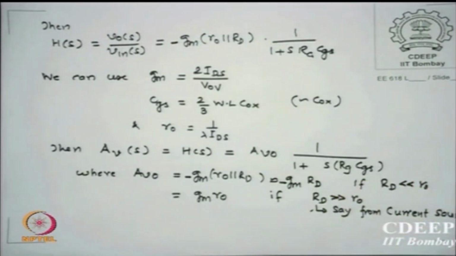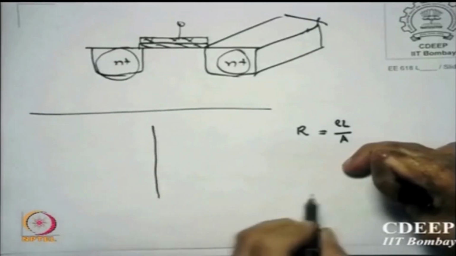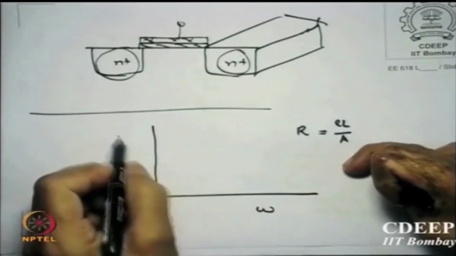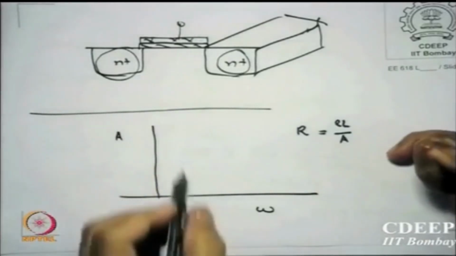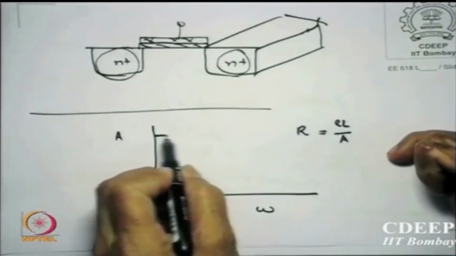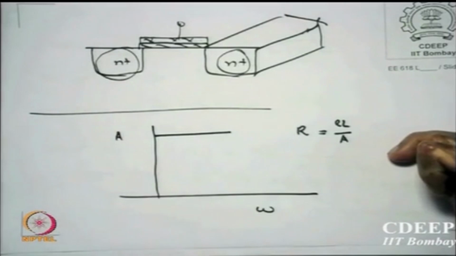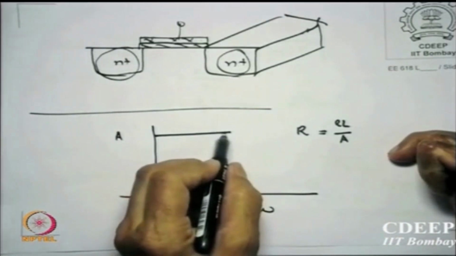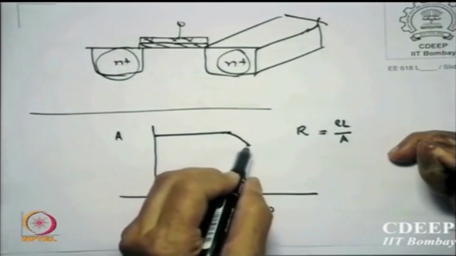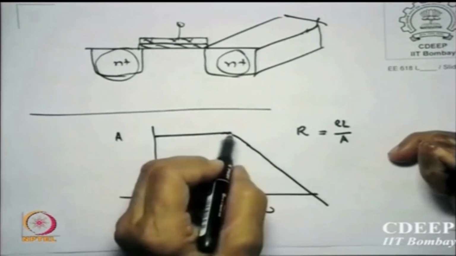Now please remember, if we have done our second year course well, which I hope all of you have done, if I plot frequency versus gain, till a certain frequency gain is constant, and then of course it goes down like this.